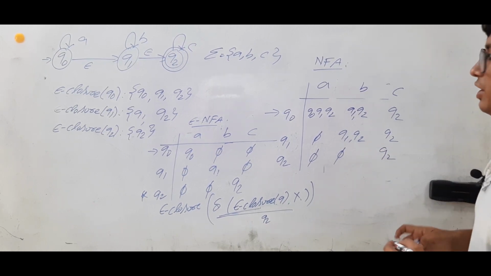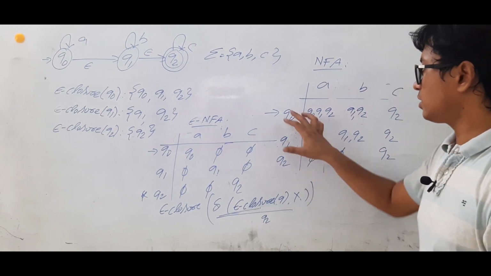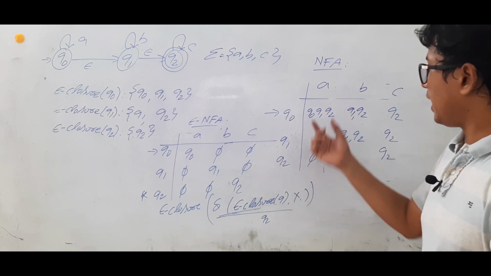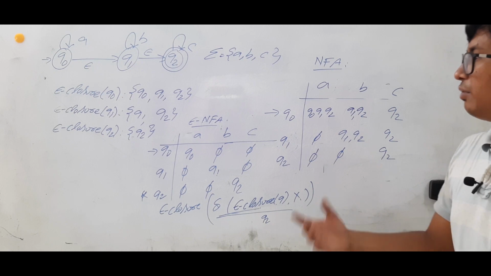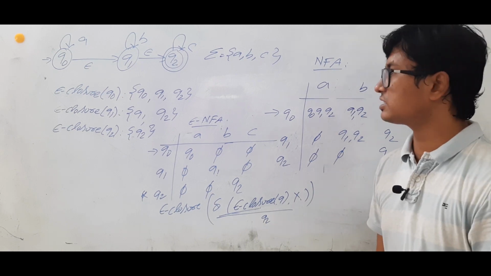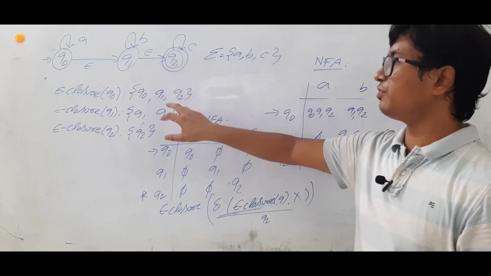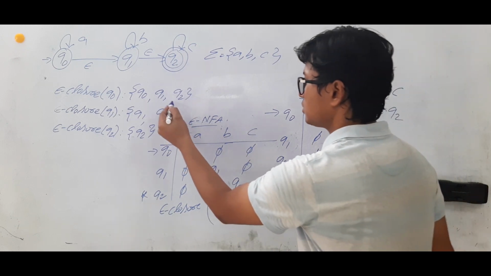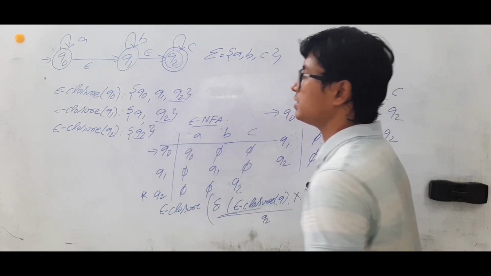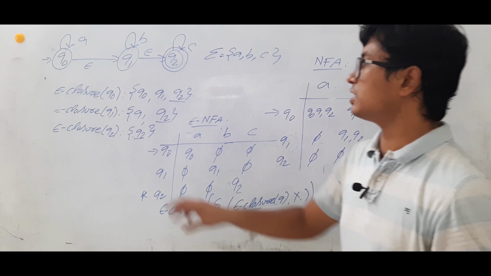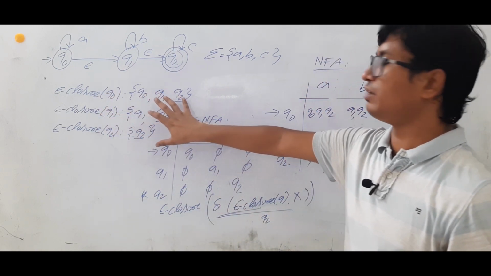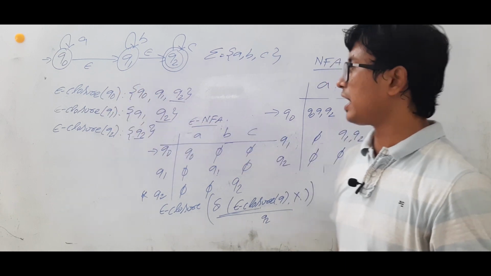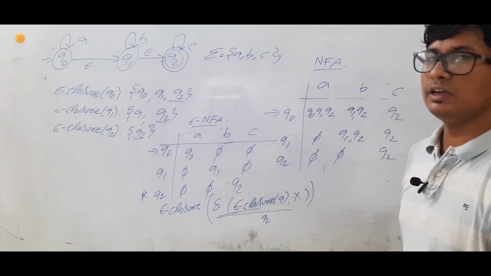So, we found the number of states Q0, Q1, Q2 and the alphabets are A, B, C and the initial state is Q0. Now, what are the states that will act as a final state? Now, in the epsilon NFA, Q2 is a final state. So, Q2 is here, Q2 is here, Q2 is here. If you remember the procedure, the states whose epsilon closure consists of a final state will all act as final states in the NFA.